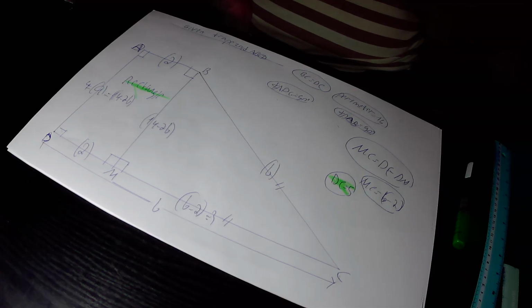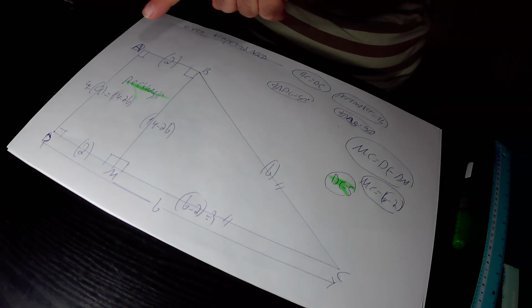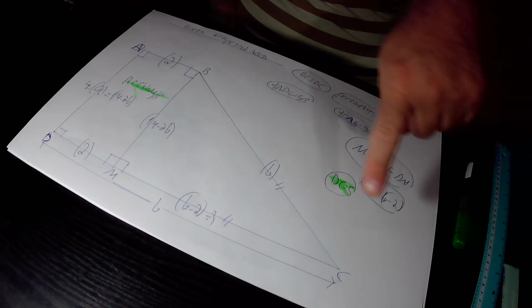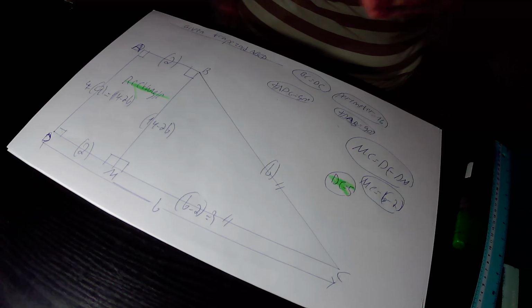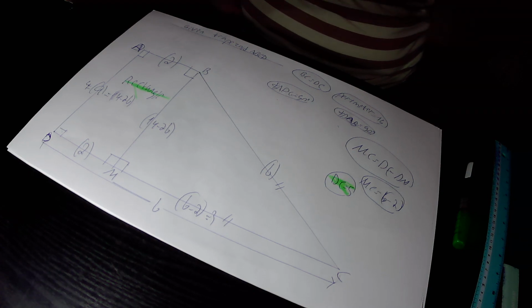So in this trapezoid ABCD, the perimeter is AB plus AD plus DC plus CB, and it is given in the question that the sum of the lengths of all the sides of this trapezoid ABCD is 16.